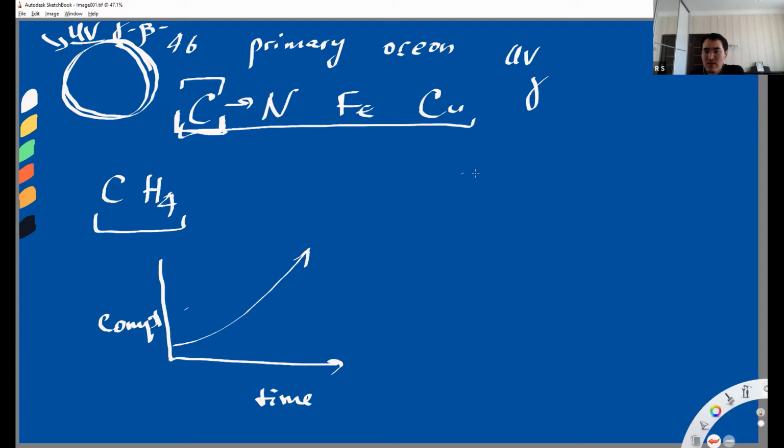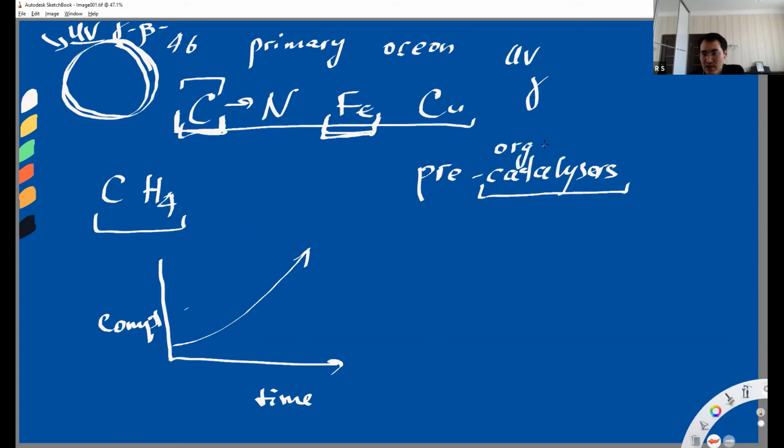Let's call them pre-enzymes or pre-catalyzers. These molecules needed the metals because, as you know from the chemistry course, almost all metals can be the catalyzers for other reactions. And these organic pre-catalyzers were also needing metals like cuprum or other stuff.